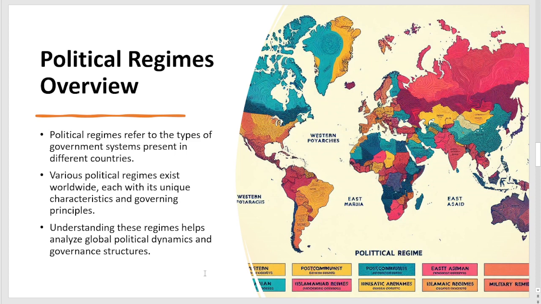Understanding these regimes helps us analyze the global political dynamics and governing structures. Mind you, we are still looking at these different regimes with Aristotle's view on who rules and who benefits, in addition to our understanding of the modern typology: the state and society relationship, the legislative and executive relationship, and the central versus decentralization relationship.